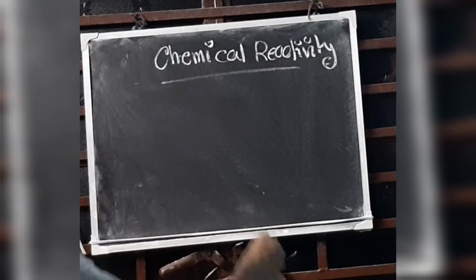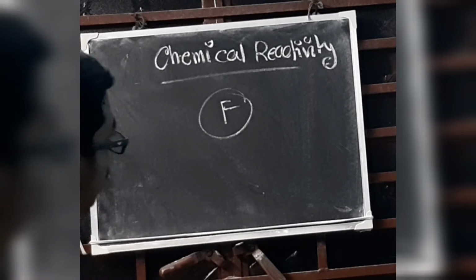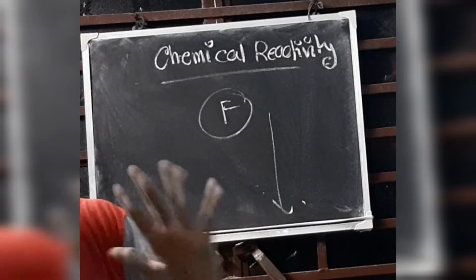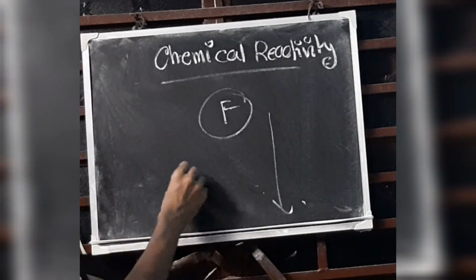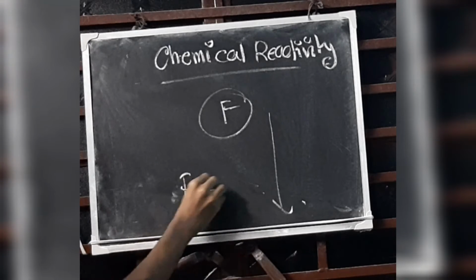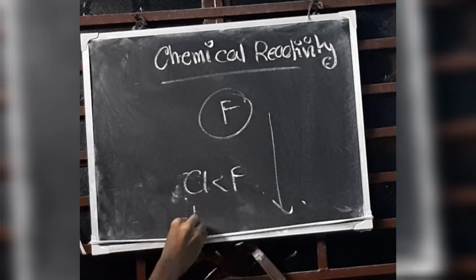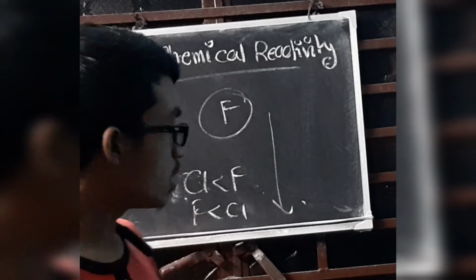That is why you will find fluorine is the most chemically reactive non-metal. Then it decreases down the group. Now, remember the exception here. This is electron affinity.